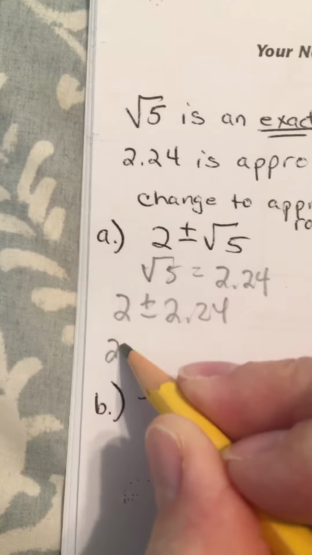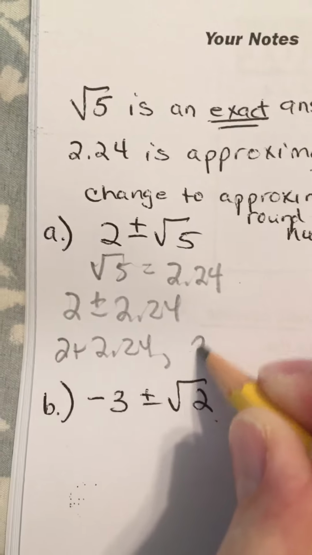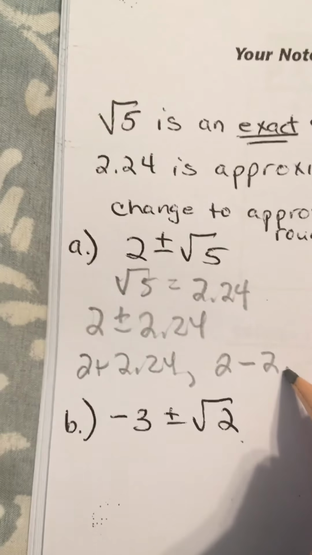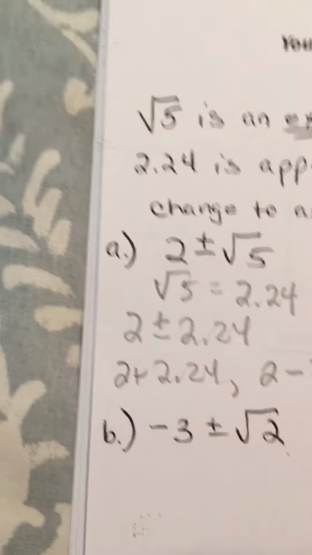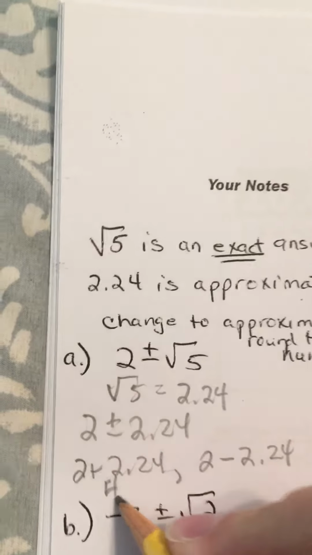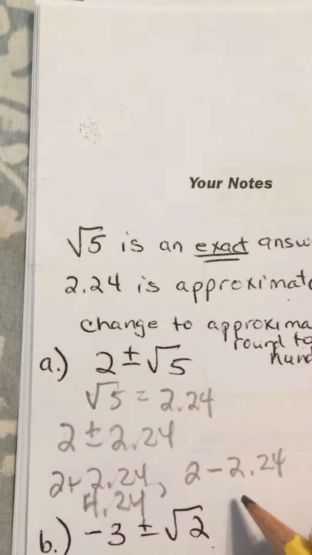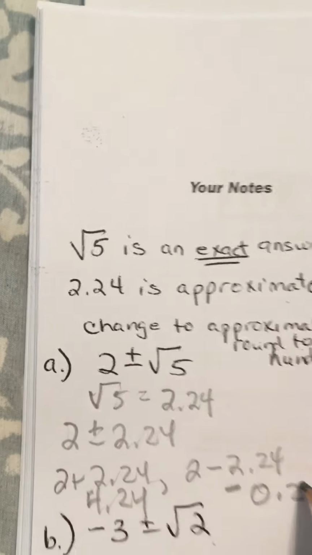So it's the same as 2 plus 2.24 and 2 minus 2.24. If you do that on a calculator, 2 plus 2.24 is obviously 4.24. 2 minus 2.24 is negative 0.24.